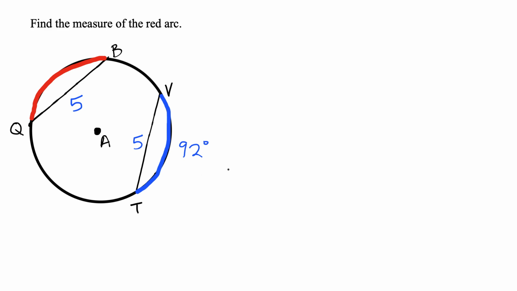One of the special theorems that we learned about when we were talking about chords and circles is that when a chord of a circle is congruent to another chord on the same circle, then the two arc measures are also congruent.